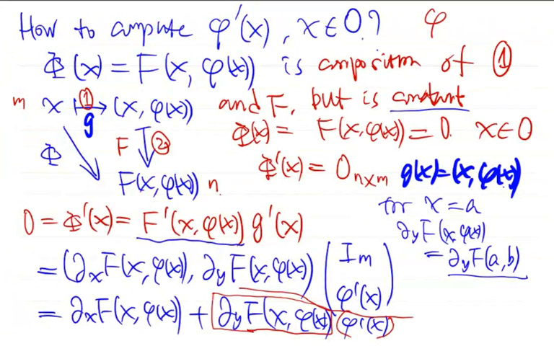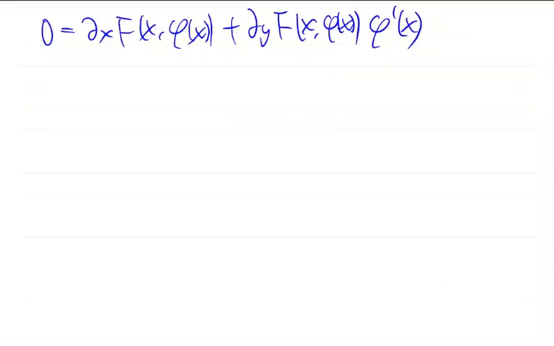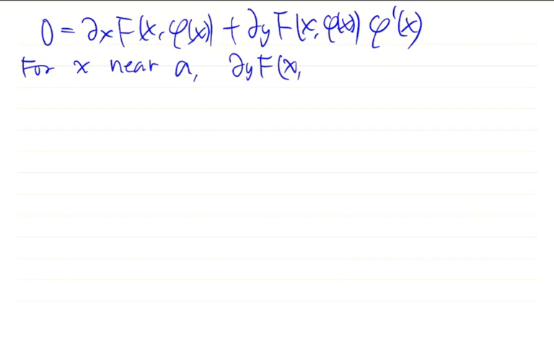So we have no space to write on this page. Therefore, we copy it to the next page. That is this equality. Now, as I mentioned, for x near a, this matrix is invertible, right? Because it is invertible at the point a, then by continuity, it is also invertible near a.